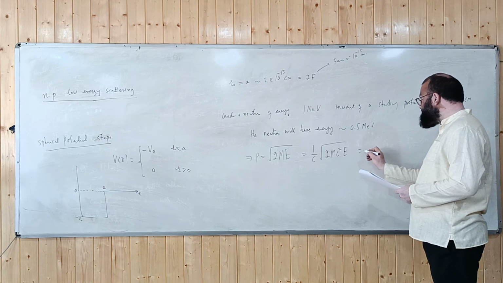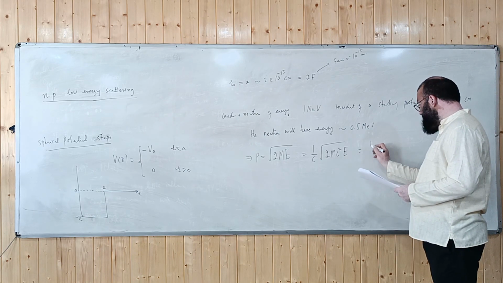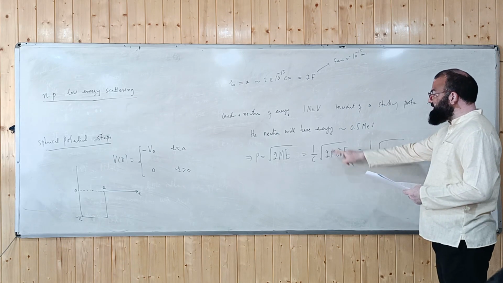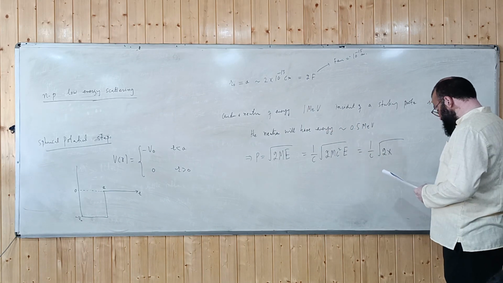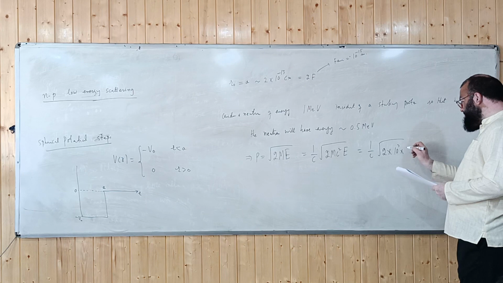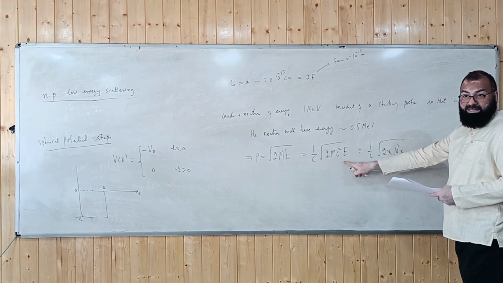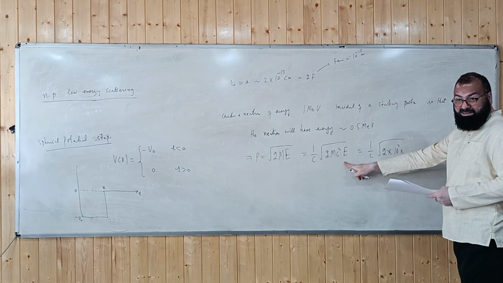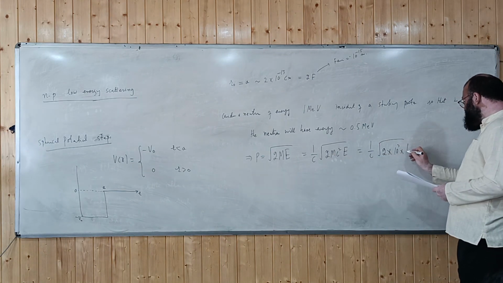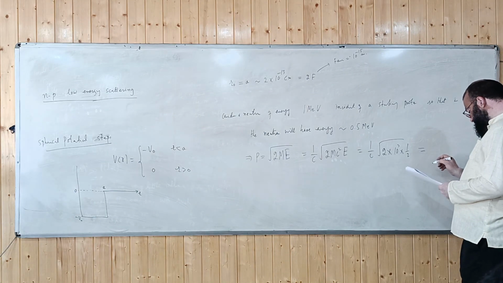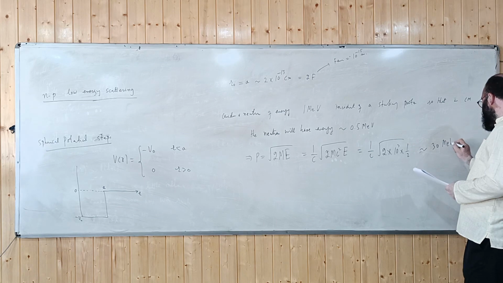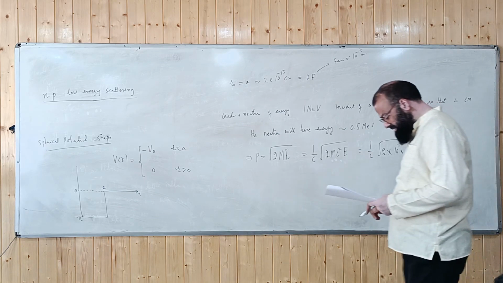So it's 1 by c root of 2 into 10 raised power 3 MeV into E, which is half, because E is the energy in the center of mass. mc square is the rest mass, you can think of. So it is of the order of 30 MeV/c. It is very trivial.